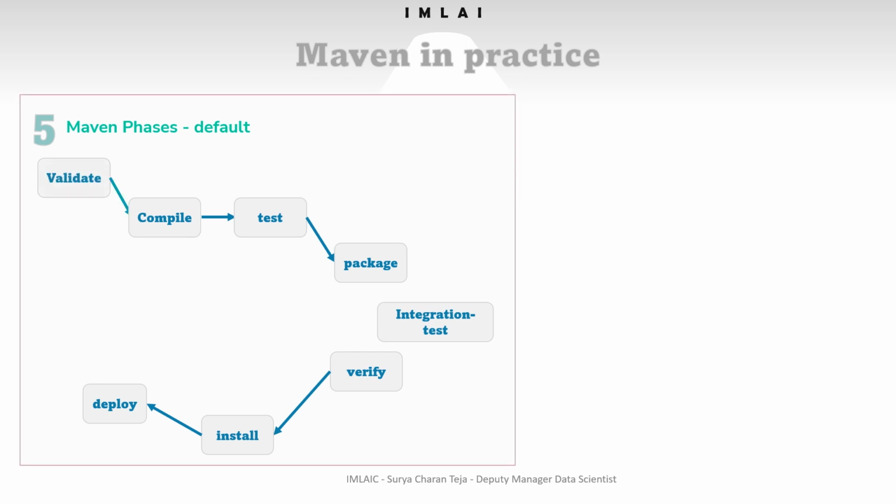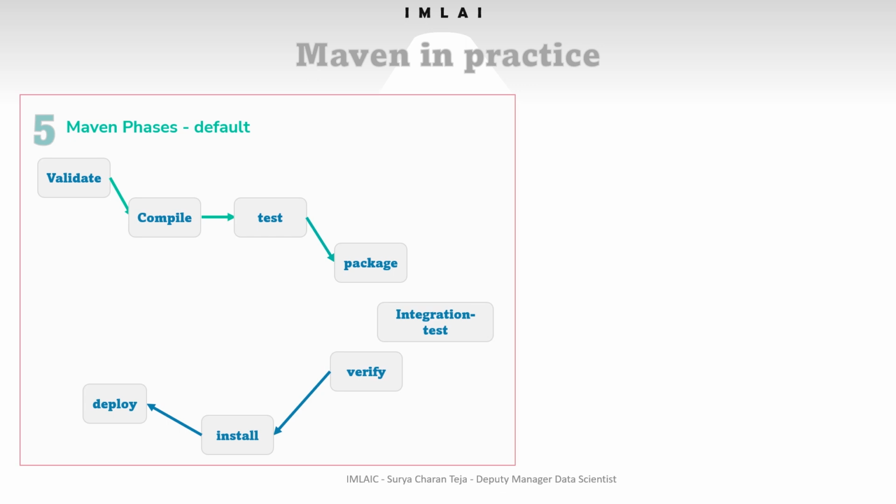Then the compile phase, compile the source code of the project. Then the test phase, test the compiled source code using a suitable unit testing framework. We have used JUnit. These tests should not require the code be packaged or deployed.